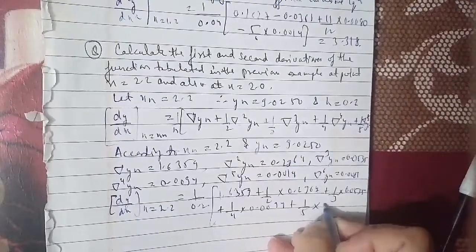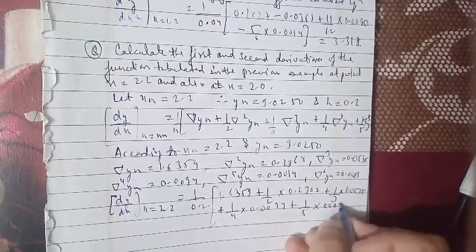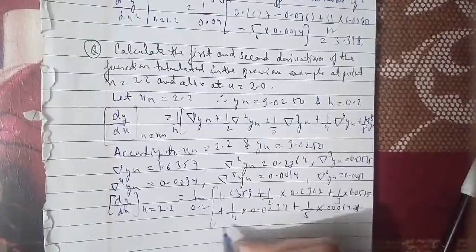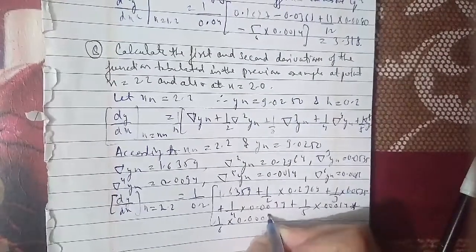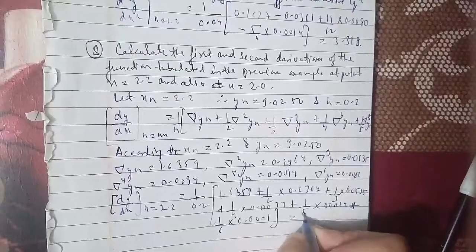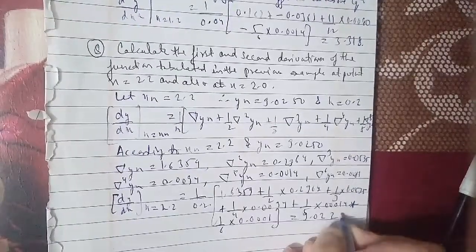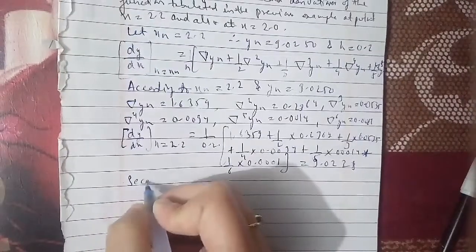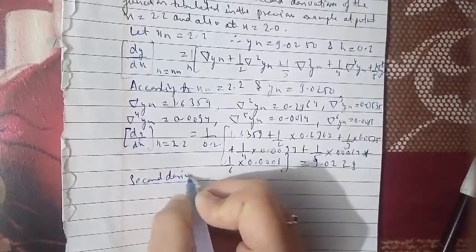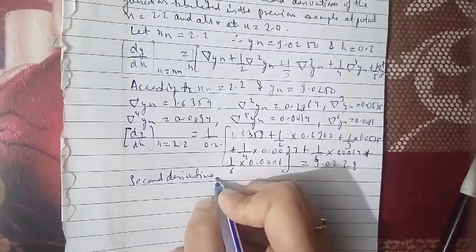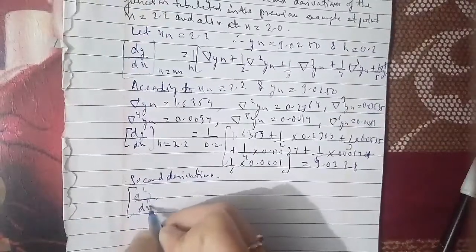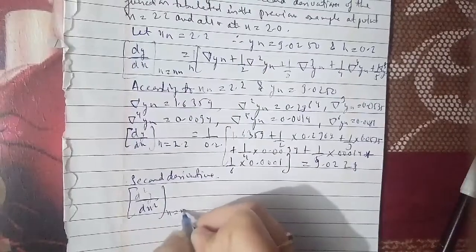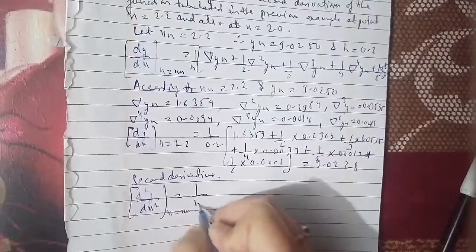So the second derivative to be given here is d square y upon dx square at x equals xn, which is 1 upon h square [backward square yn plus backward cube yn plus 11 upon 12 backward 4 yn plus 5 by 6 backward 5 yn plus 137 upon 180 backward 6 yn plus...].